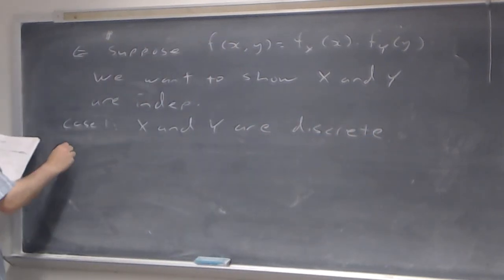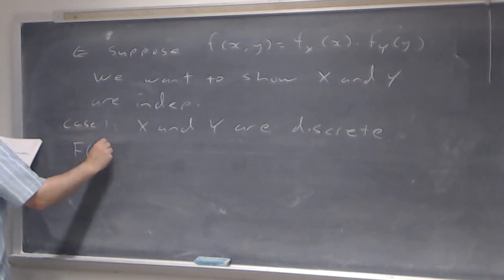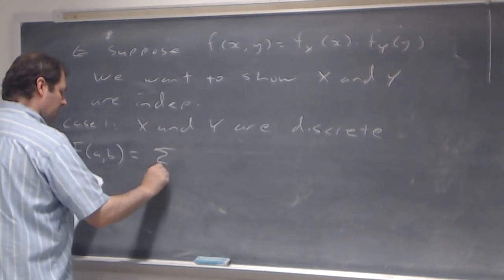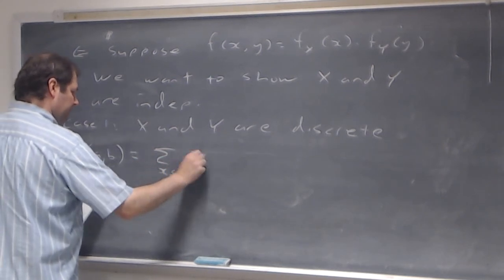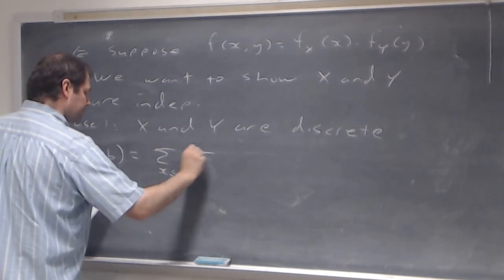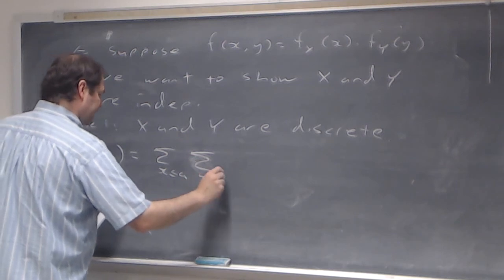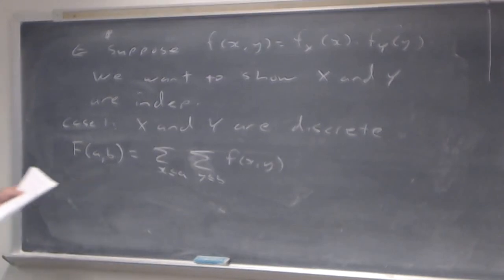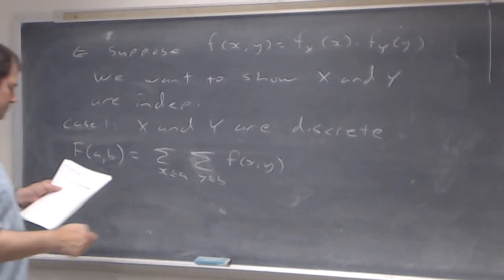And so here's what I want you to notice. If you look at their joint CDF, that's the sum over the x values less than or equal to a, sum over the y values less than or equal to b of f of (x, y). Okay?